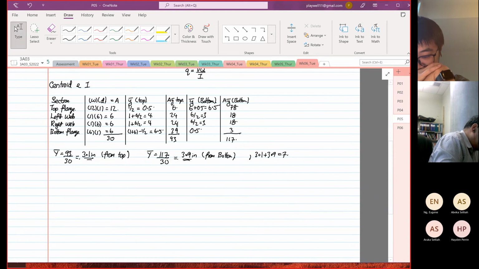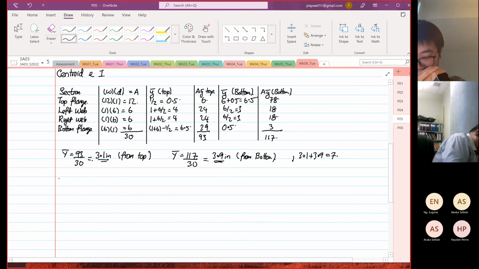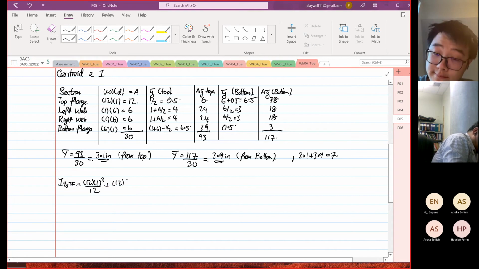Right. So from here, we are going to calculate our I Z for the top flange. This is the width 12 times 1 cubed over 12 plus the area of 12 multiplied by 3.1 minus 0.5 squared.